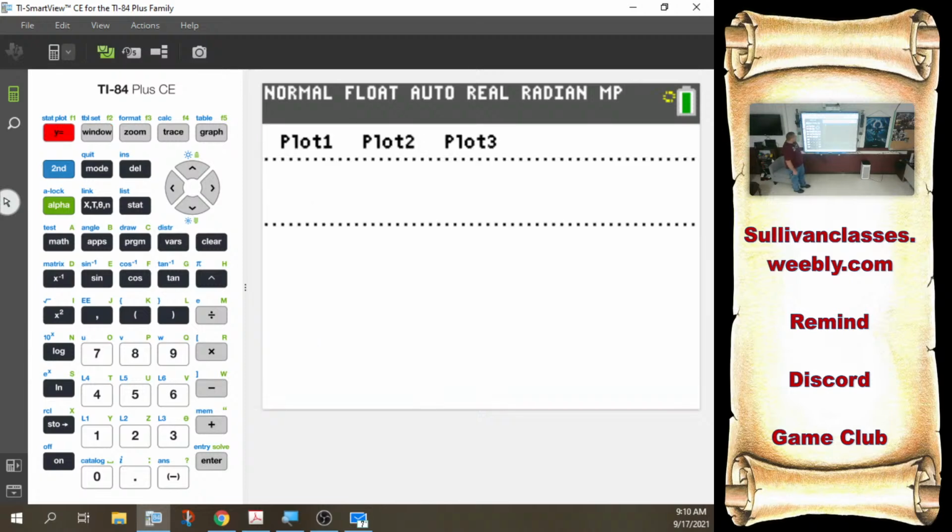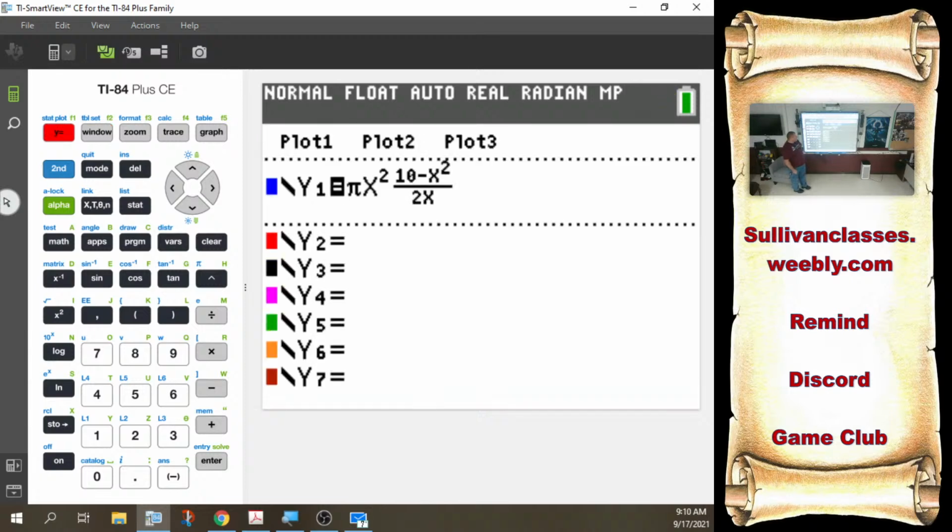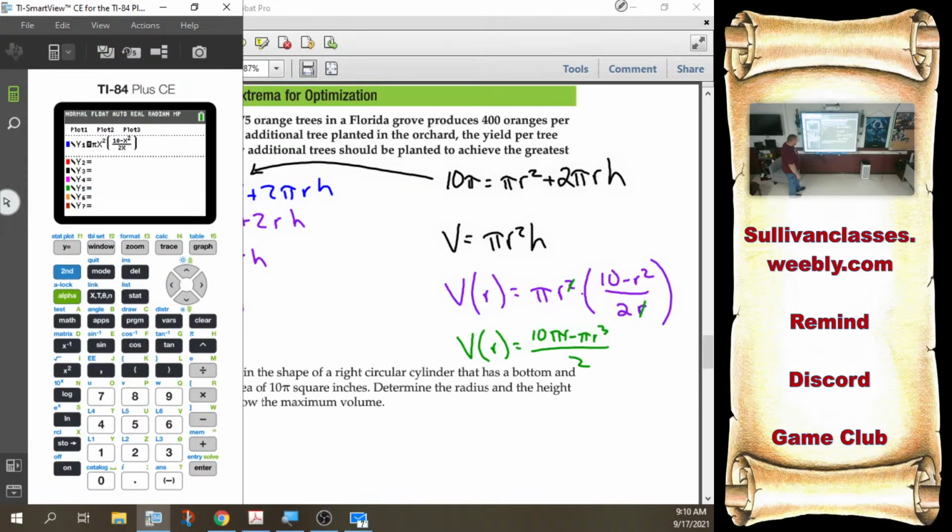So I'd come back to y equals. I put in pi r squared times this fraction. Now the parentheses shouldn't matter, but right?